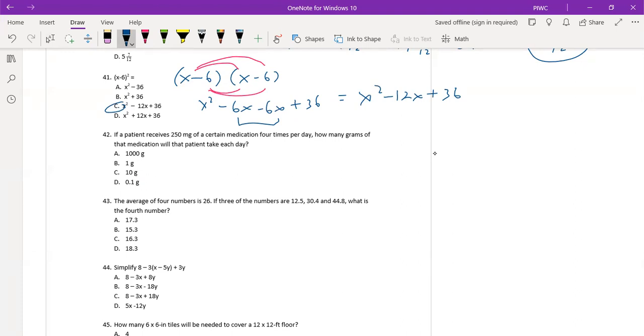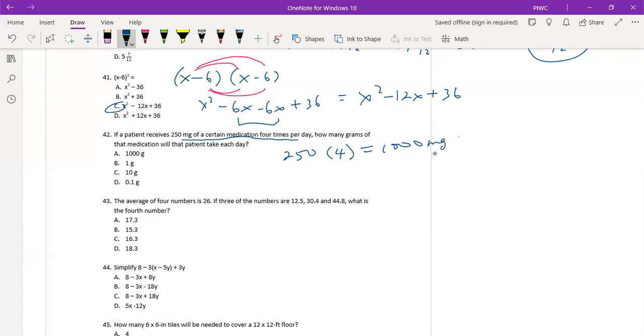And then 42. So if a patient receives 250 milligrams of a certain medication 4 times a day, how many grams of that medication would that patient take each day? Okay, so 4 times a day. So 250 milligrams times 4. You multiply by 4, so you get 1,000 milligrams.